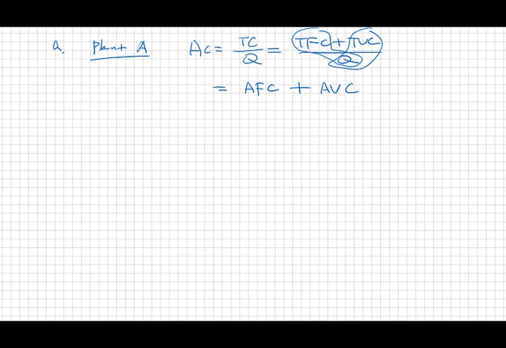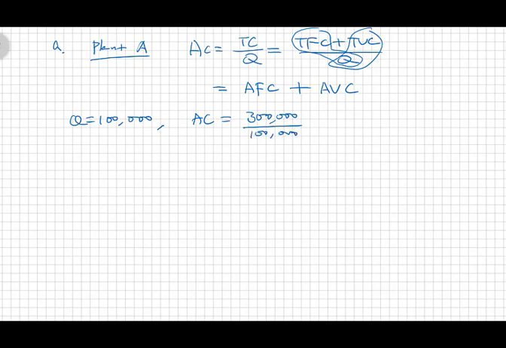So, for example, when the company produces 100,000 output, let's say Q equals 100,000, then at that level, to get average cost, you have to calculate average fixed cost. So 100,000 is less than the capacity of plant A, which is 200,000. So in that case, fixed cost for one plant stays at 300,000, and you have to divide by total output, 100,000.